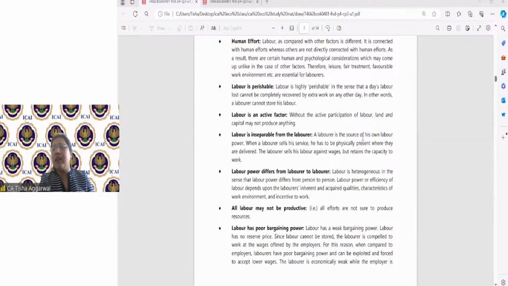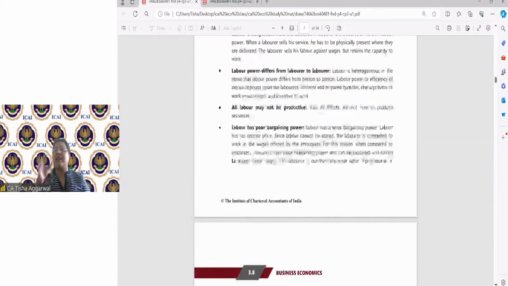Next, all labor may not be productive. Please understand this fact. For example, 1 lakh rupees in bank account A and 1 lakh rupees in bank account B are equally efficient, but two laborers, laborer 1 and laborer 2, cannot be equally efficient. Okay. Next, labor has poor bargaining power.